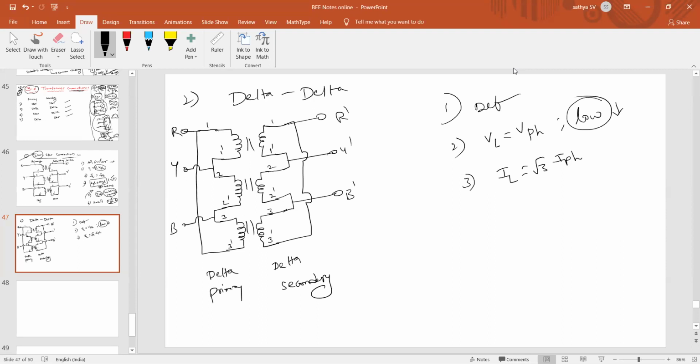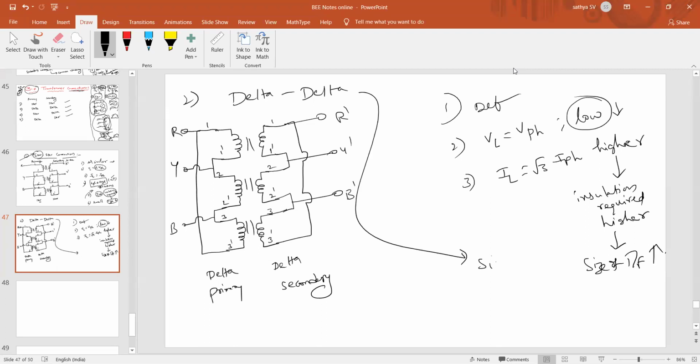So the current value is lower or higher compared to star connection? Higher, sir. If current value is higher, the insulation required is higher or lower? Higher. So if insulation increases, what is the size of the transformer? Increase.